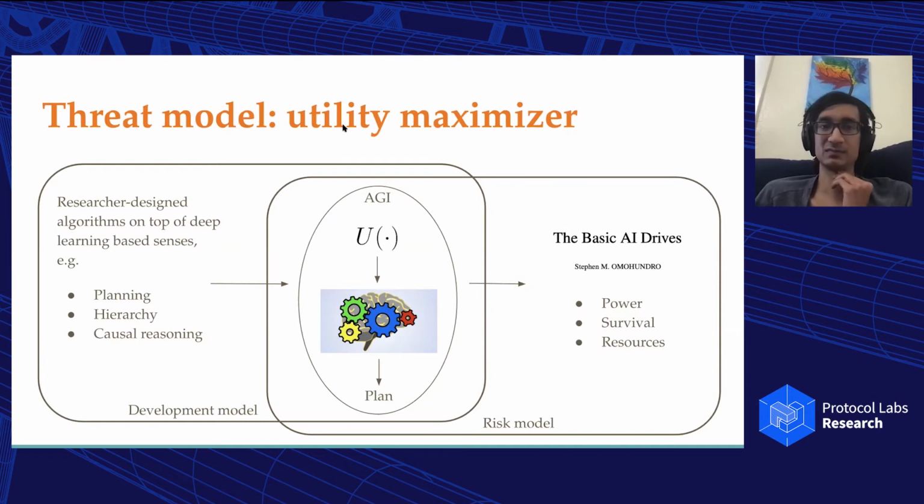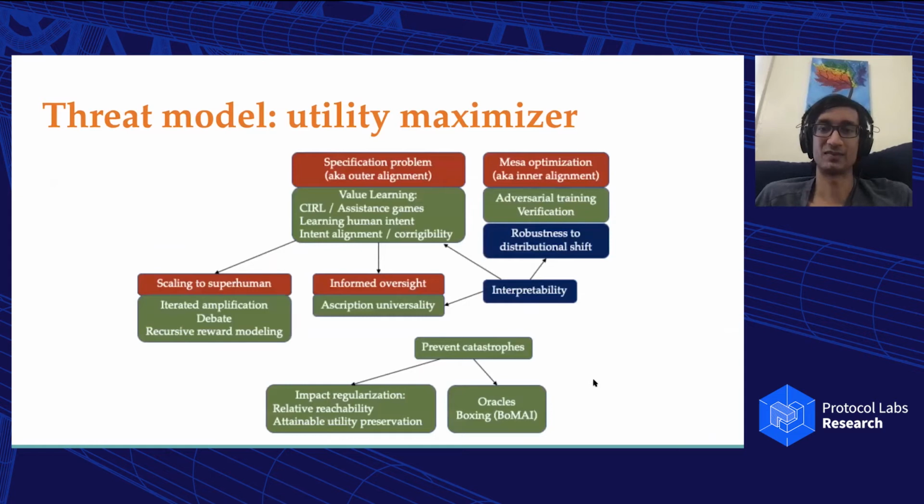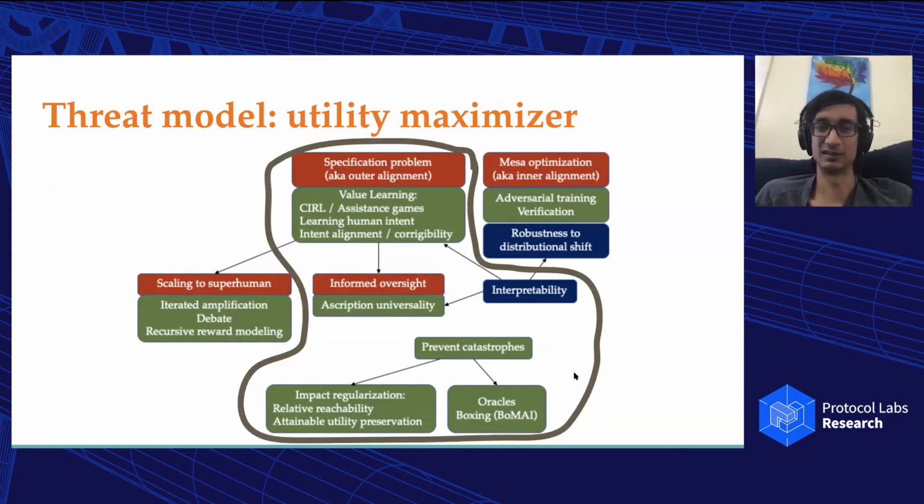So that's a utility maximizer threat model that you could have. And with this sort of threat model, in the section of things that I said I was talking about, that corresponds to this area of the graph.